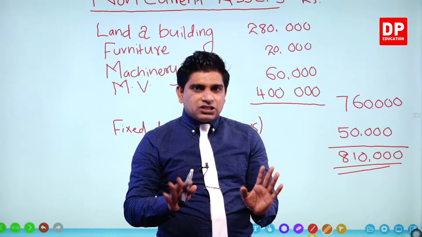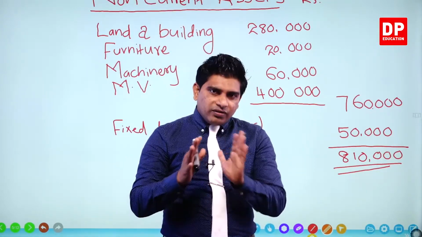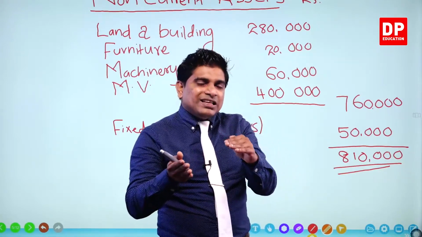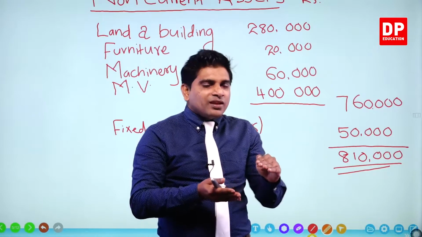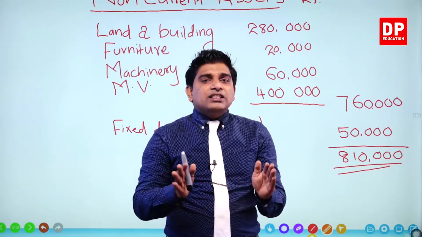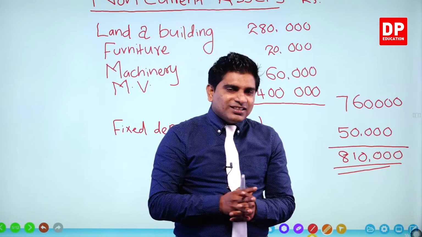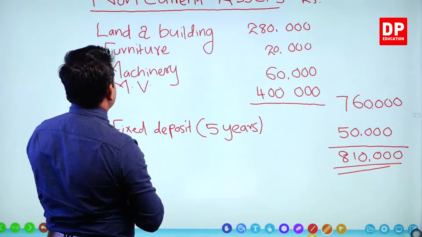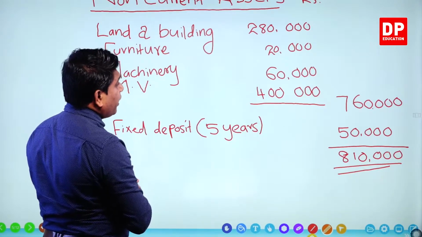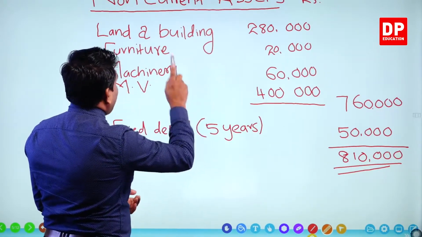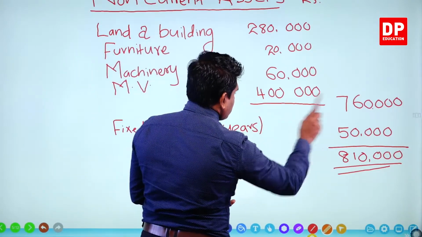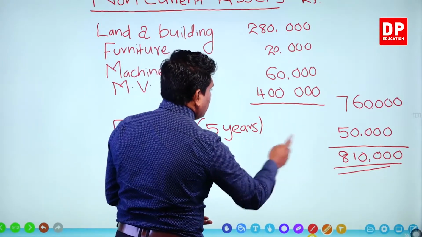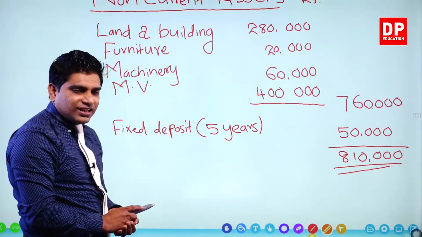So you never mention tangible assets and intangible assets in the same list, but they are the same category, non-current assets. But when you write them, you write them separately. Here land and building 280,000, furniture 20,000, machinery 60,000, motor vehicle 400,000. The total tangible non-current assets 760,000, intangible non-current assets 50,000, the total non-current assets 810,000.